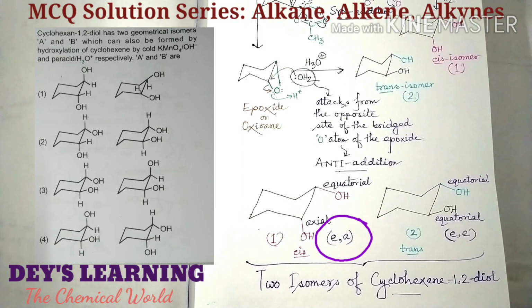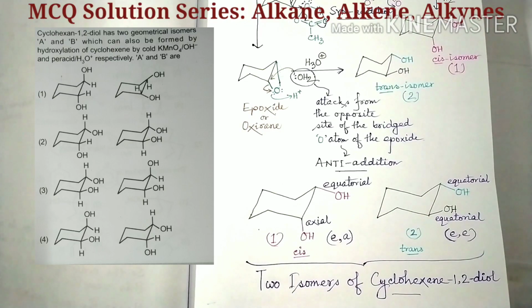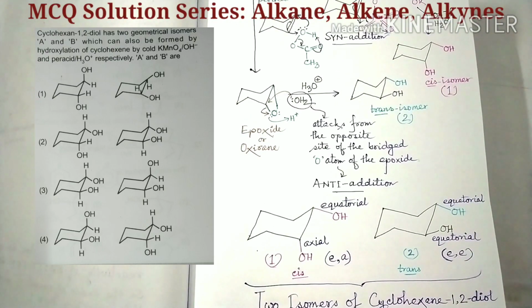This is the EA isomer, and the trans isomer is actually equatorial equatorial, that is the EE isomer. So these are the two isomers of cyclohexane 1,2-diol. So in KMnO4 addition we get the cis isomer, and in peracid addition we get the trans isomer.